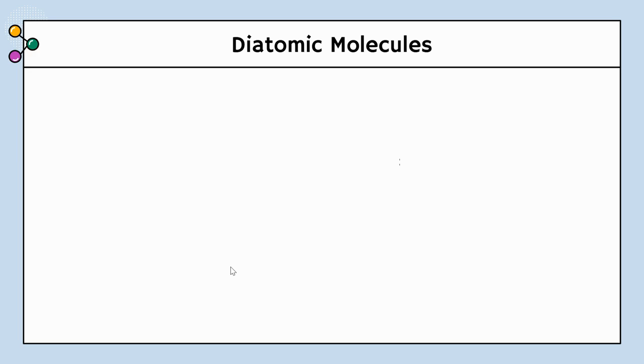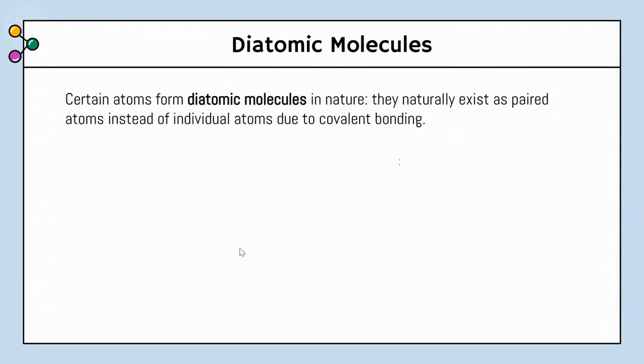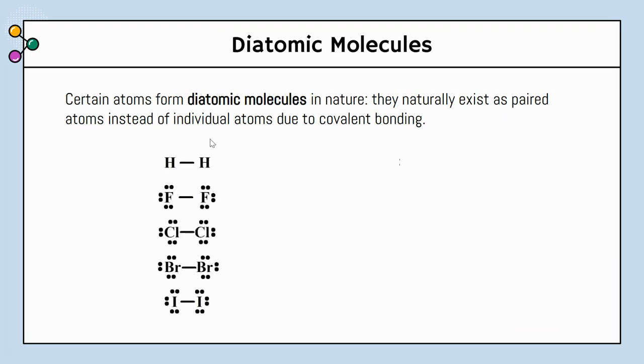Real quickly, as a side note, we're going to talk about diatomic molecules. Certain elements form diatomic molecules because they naturally form in pairs because of covalent bonding. If I look at hydrogen and my 4 halogens, fluorine, chlorine, bromine, and iodine, these form stable molecules where they have a single bond between two atoms and no other spots to bond.